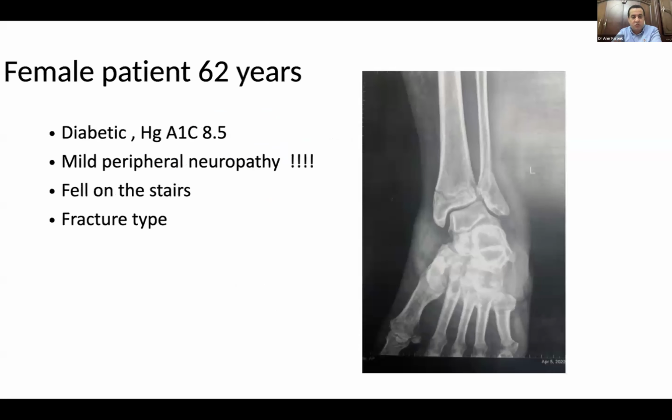So this is a 62 years old female who is diabetic. Hemoglobin A1C is 8.5. On examination, she is having mild peripheral neuropathy. She fell on the stairs.